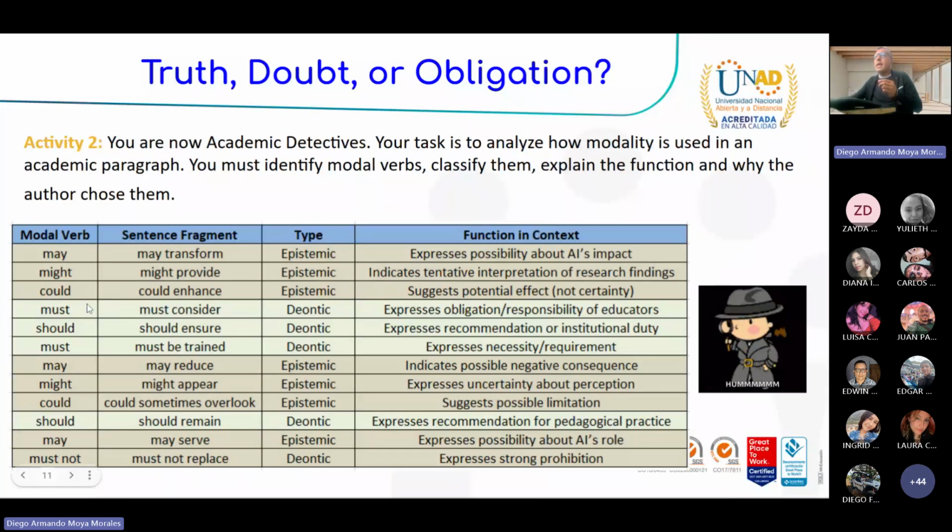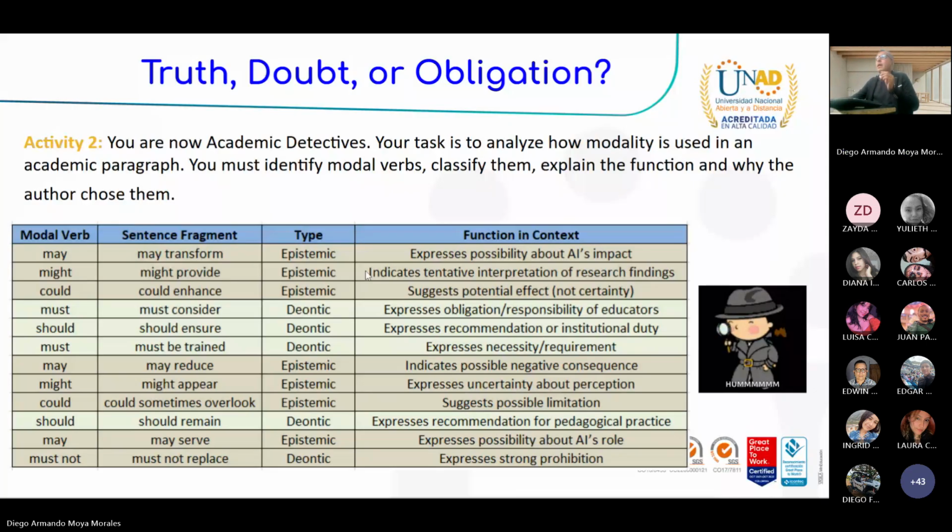So we have may, might, could. These are all based on epistemic, which is possibility. Yes, remember, possibility. Then we have must, should, and must again. This is called the deontic modality, which is basically obligation. Just forget about these academic words.